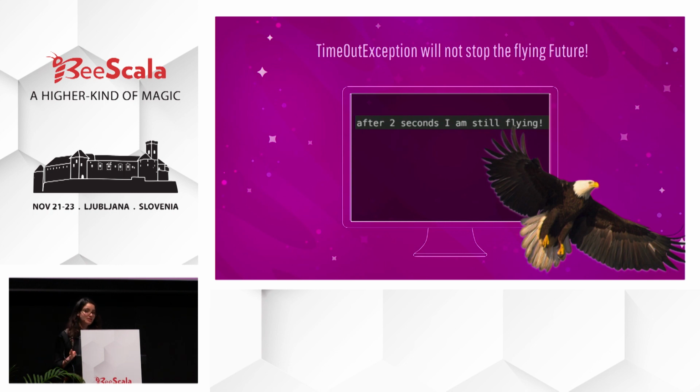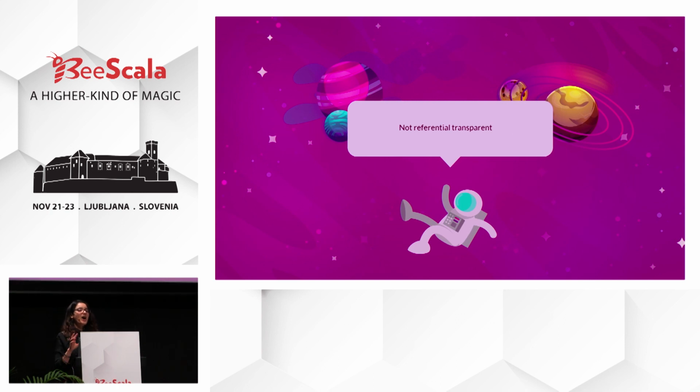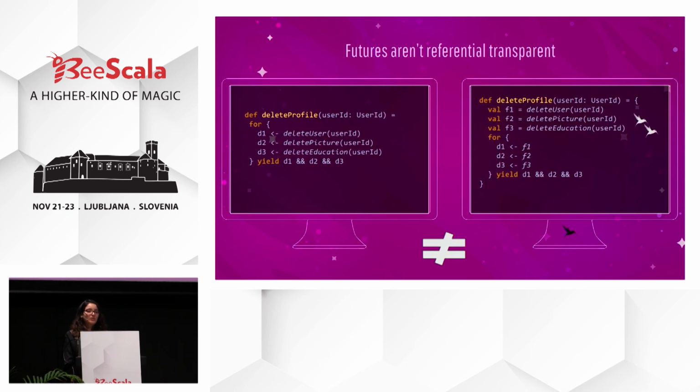Even if you see a timeout exception, you should consider that the future will still be running. So you should be careful. If you would like to use Await.result, you should use an approximation of how much time your future will take.